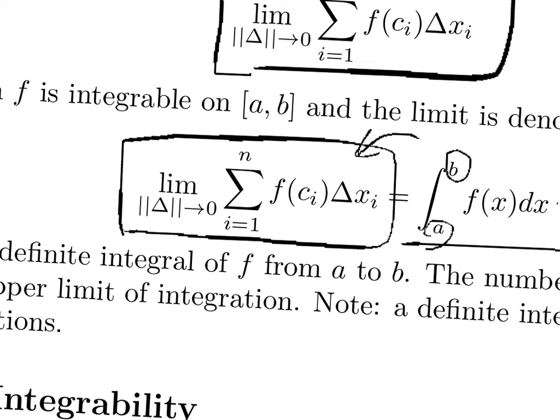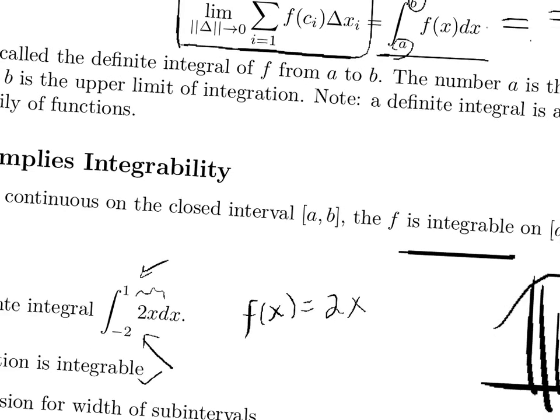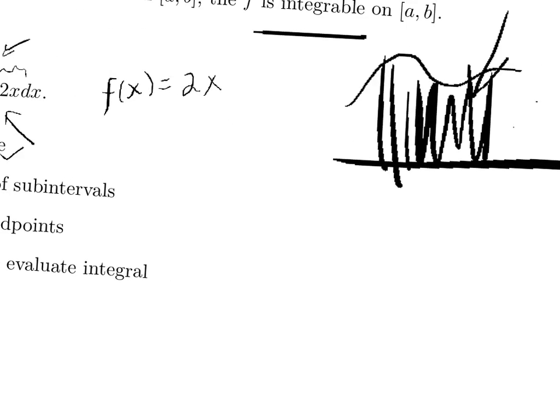So we're looking at the limit as the norm approaches 0 of the sum from i equals 1 to n of f of ci times delta xi. I'm sorry, this is the sum from 1 to n, not 0.